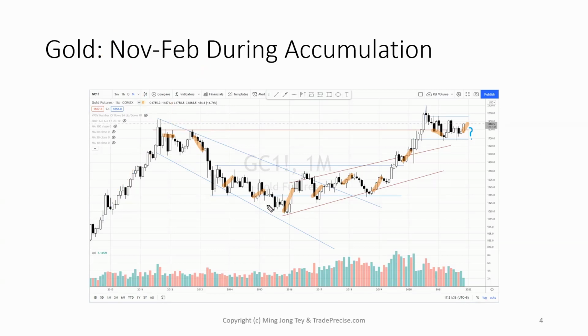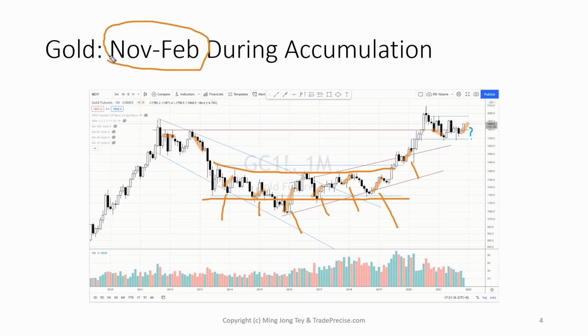Subsequently after that, there's a sell off, and this is another one. So this is positive, positive, positive, another one, positive, positive, positive. And during the markup, we have another one, positive. So within this trading range, they're all positive from November to February.